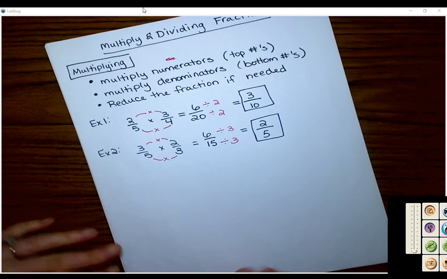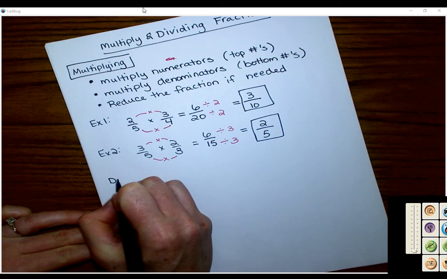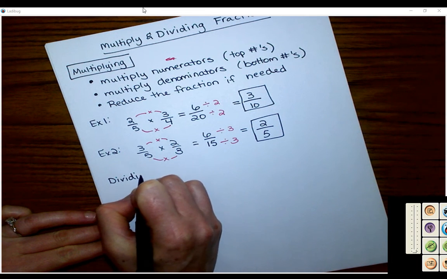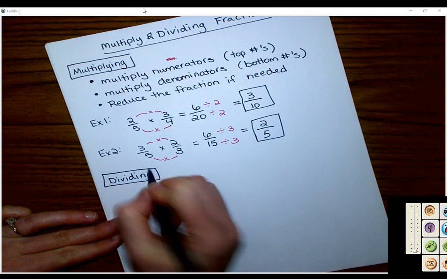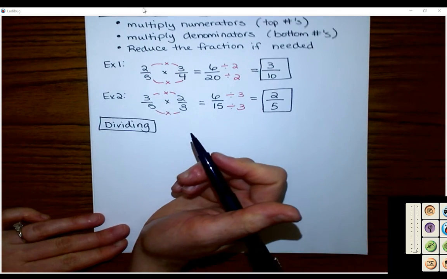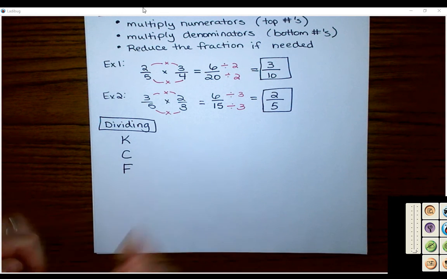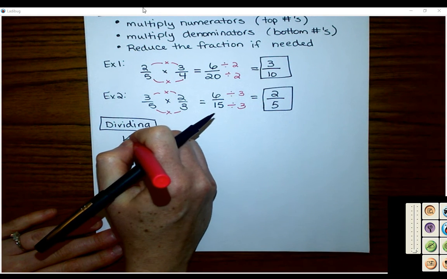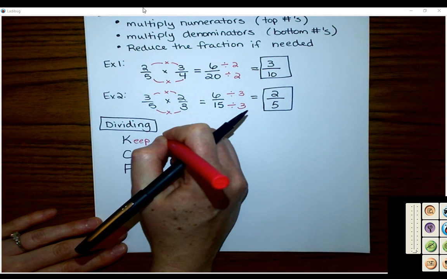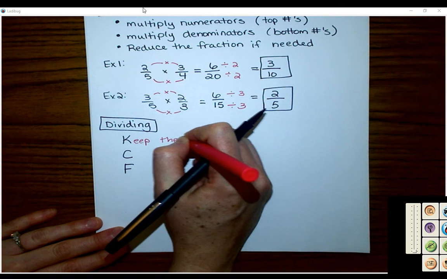All right, now let's look at dividing. When I'm dividing, I'm going to keep, change, flip, or KCF. What that means is K stands for keep the first fraction the same.